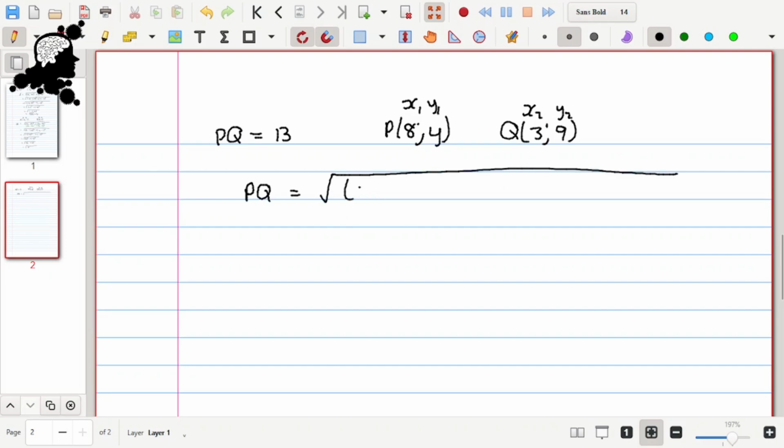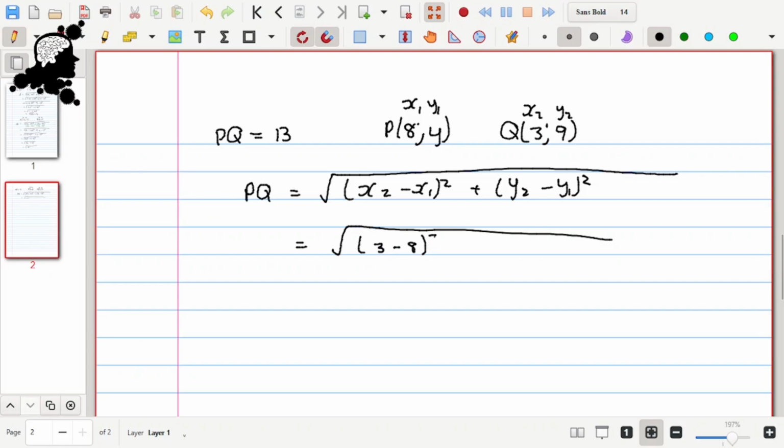This is the square root of x2 minus x1 all squared plus y2 minus y1 all squared. And this is going to give you the square root of, for x2, we've got 3 minus x1, which is 8 squared, plus y2 is 9, minus y1 is just y squared.